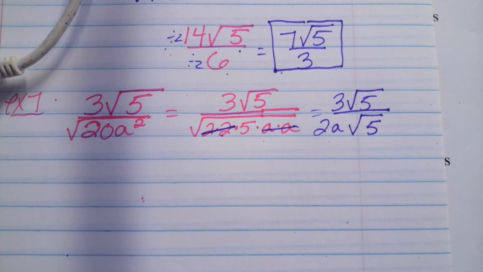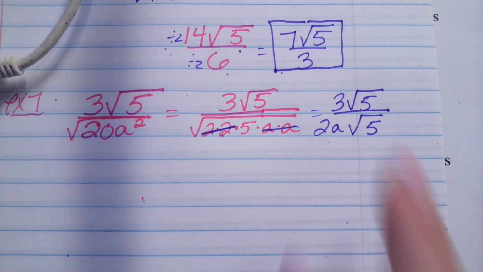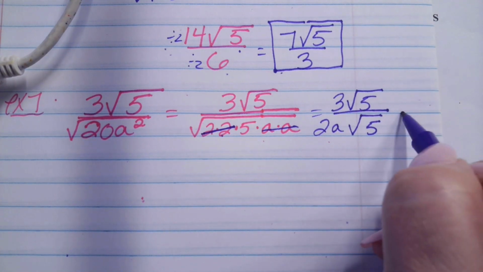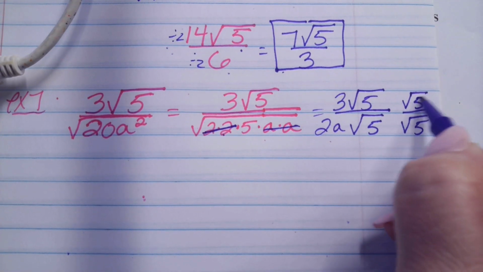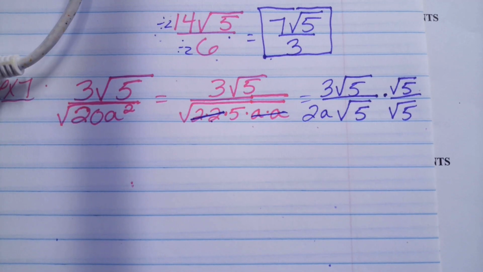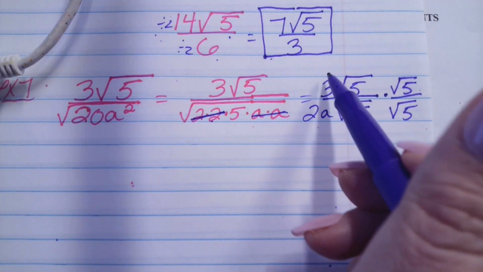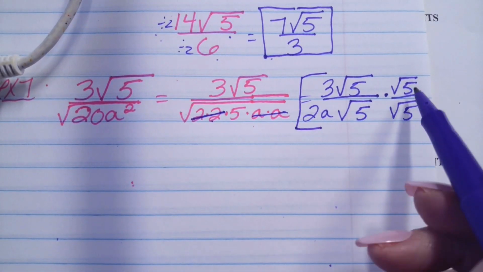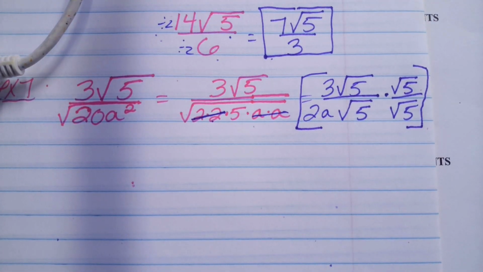Okay, now get rid of the radical on the bottom by multiplying the top and the bottom by radical 5. I'm going to let you see if you can finish it from this step right here. See if you can finish that part. Simplify it.